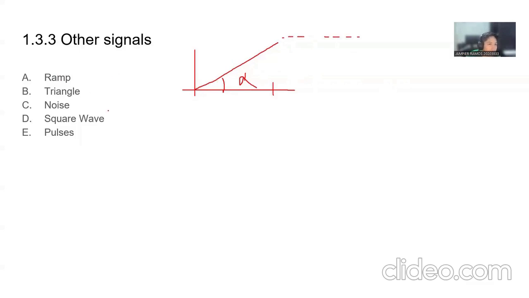The ramp signal. The next signal, the triangle signal, is something like this. Este tipo de ramp signal corresponde a una resistencia, si tuviéramos que relacionar the voltage and the current, a resistor.